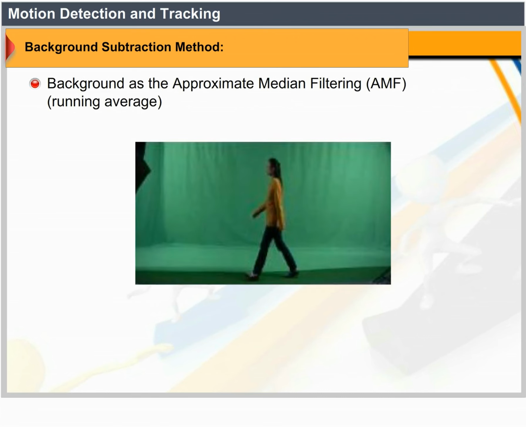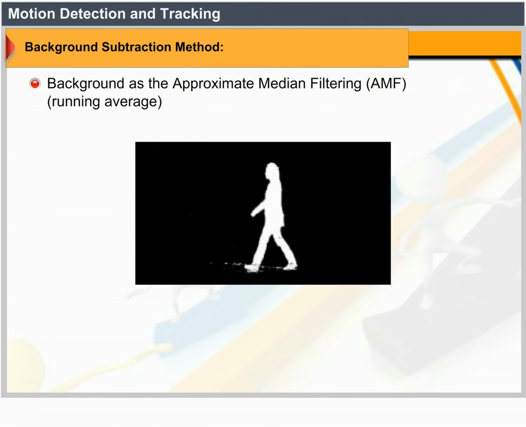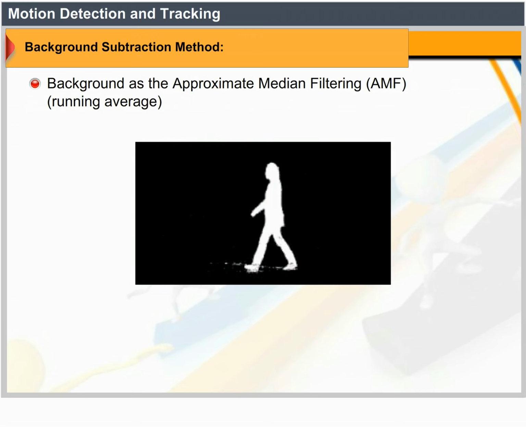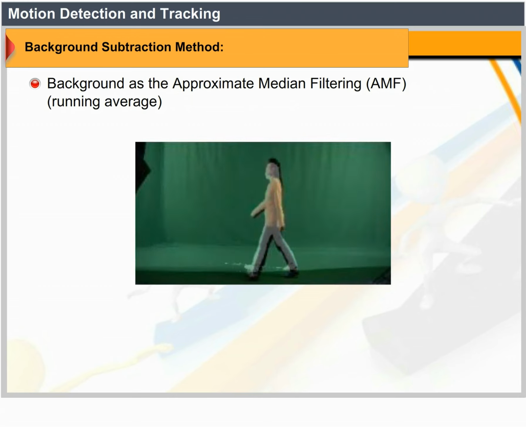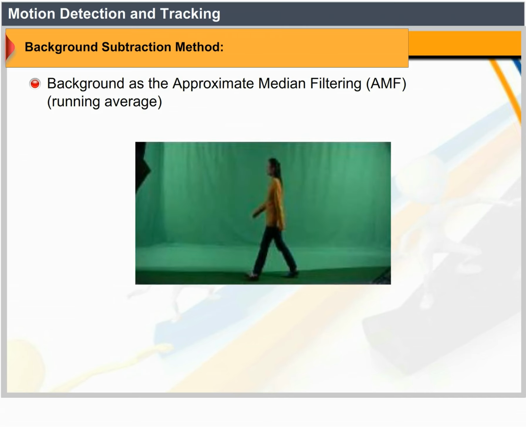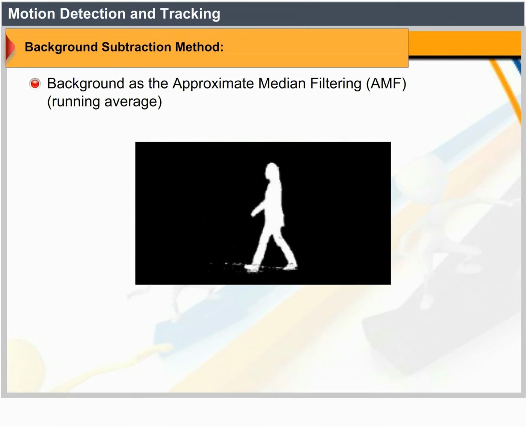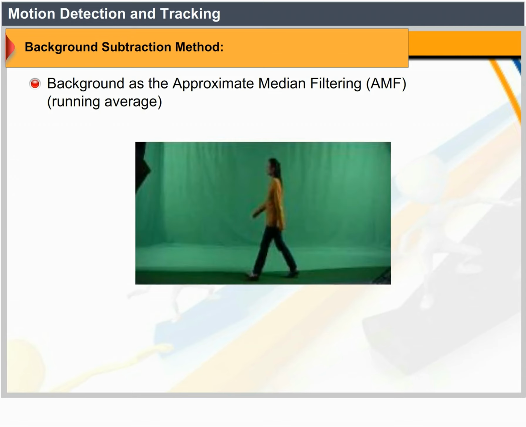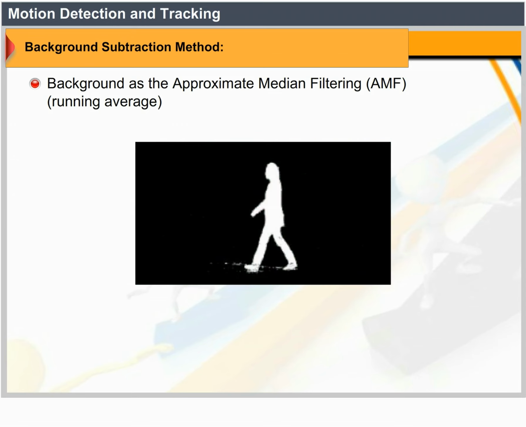Background as the approximate median filtering, AMF, running average: B(i+1) = alpha * L(i+1) + (1 - alpha) * B(i), where alpha, the learning rate, is typically 0.05. No more memory requirements.